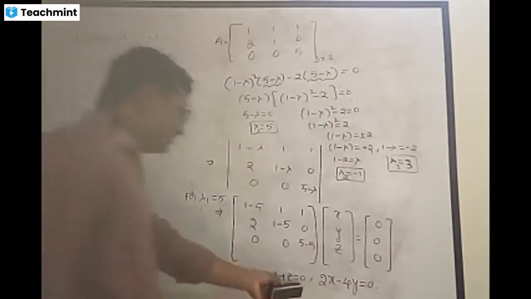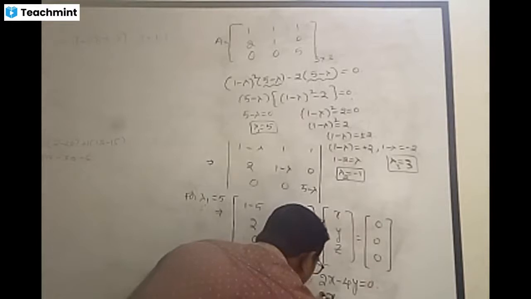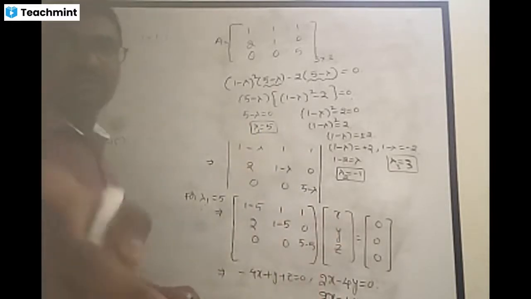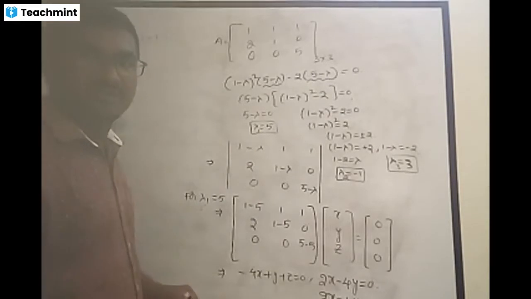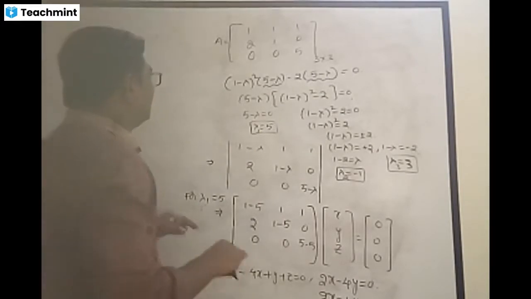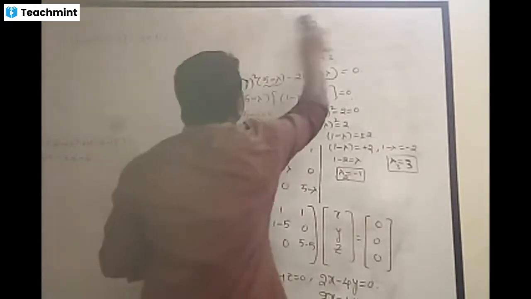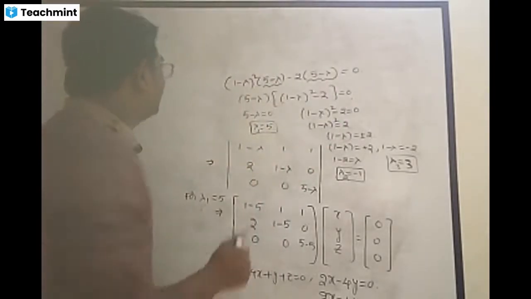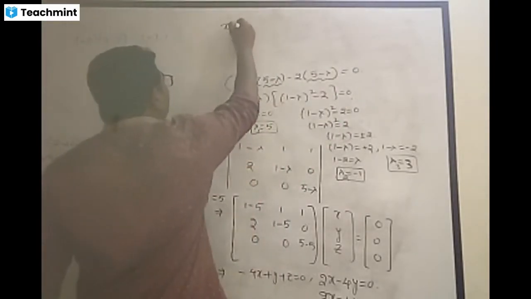From this you can observe that 2x equals 4y, so x equals 2y.